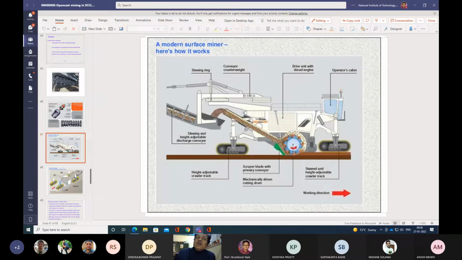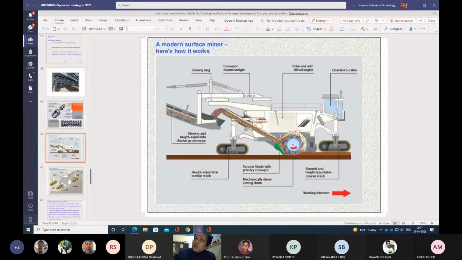So this is the schematic diagram of the surface miner, and you see the red arrow shows you the direction of cutting of the coal. This is the top layer coal you are going to cut.